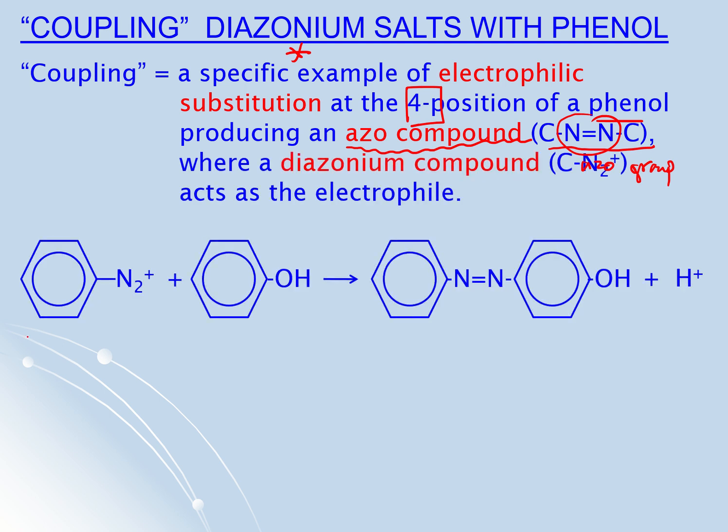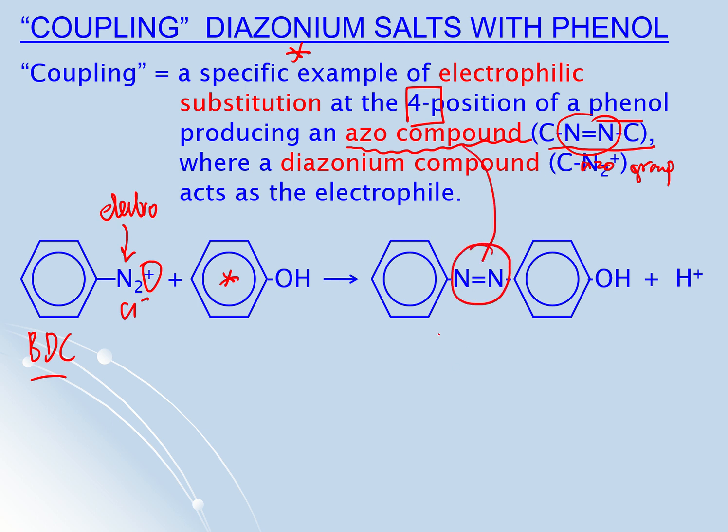There's my benzene diazonium ion. If you remember on the last slide, we had the benzene diazonium chloride. This is the phenol. So this, as you can probably see, because of the positive charge, can act as an electrophile, attacking the delocalized pi bonding system of the benzene ring of phenol. And then we get here now our azo compound, and you can see our azo group there.